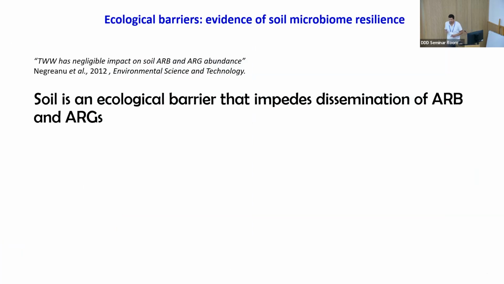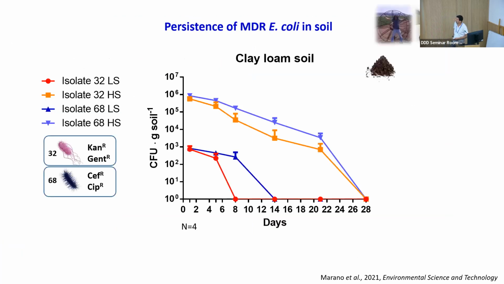Our conclusion, based on a previous experiment that I didn't talk about, was that soil is an ecological barrier that impedes dissemination of antibiotic resistant bacteria and antibiotic resistance genes. So we have these ecological barriers, this resilience that's preventing colonization by these bacteria, and apparently we're not getting very much horizontal gene transfer either, because we would have seen it.